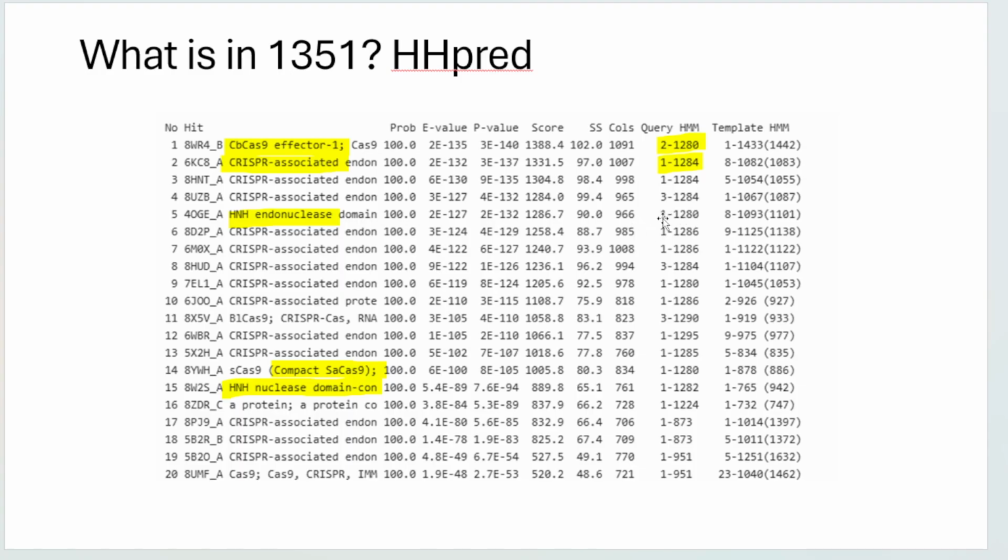The query search is between 1 and 1280. Whatever. It assumes there's an H&H in there somewhere. It's decided to pick up that the sequence somehow links to SaCas9. Whatever, it's just a different type of Cas9 between 1 and 1280 and the H&H domain 1282. Sorry, what does HHpred tell us? 1351 is definitely a Cas protein. It has an H&H nuclease. That's pretty much it.